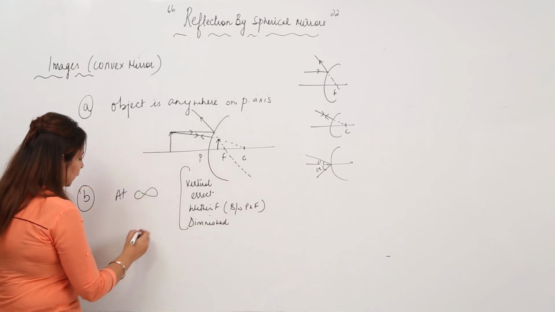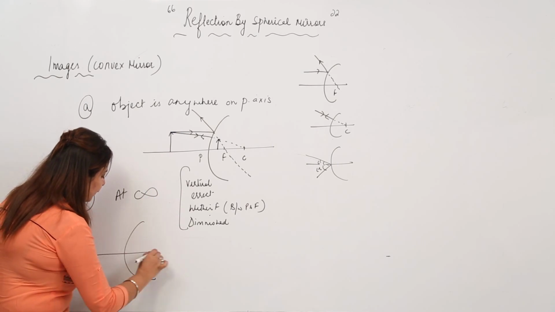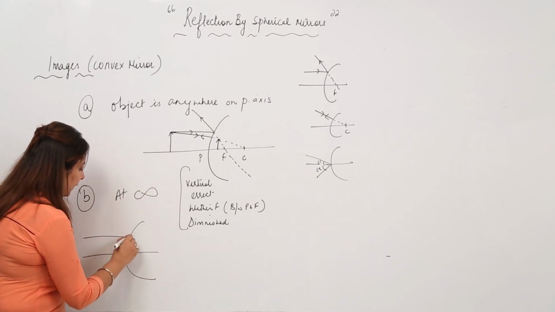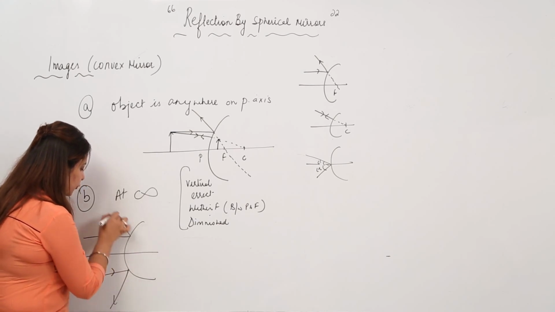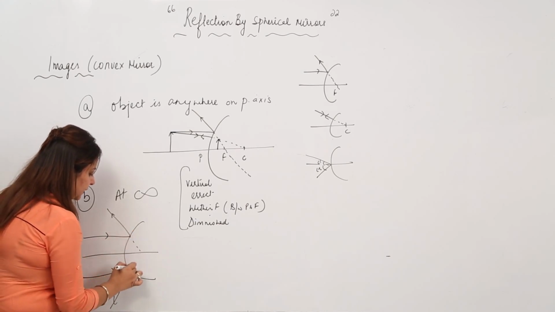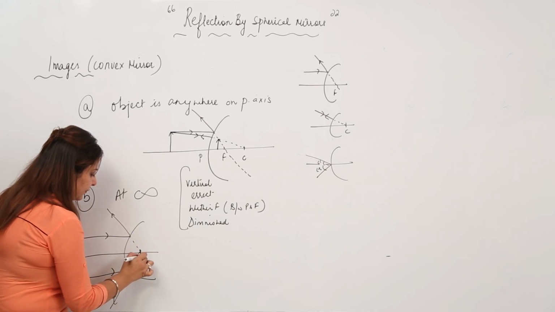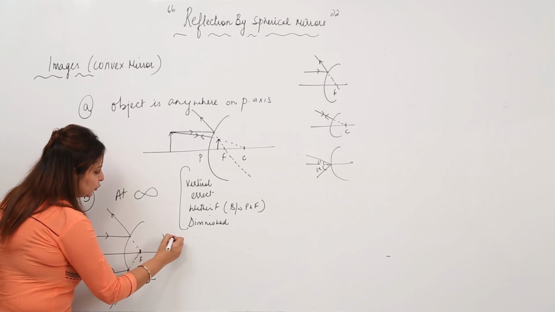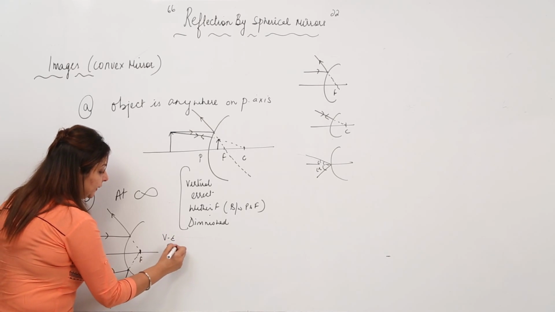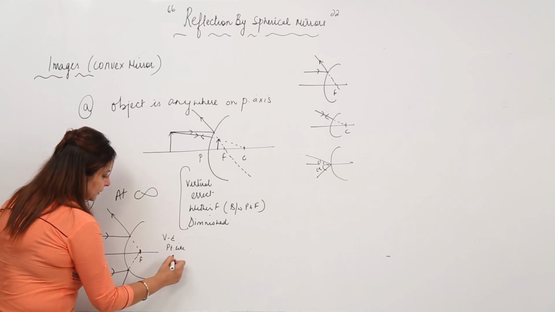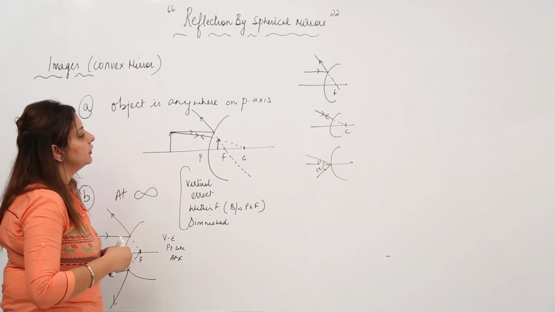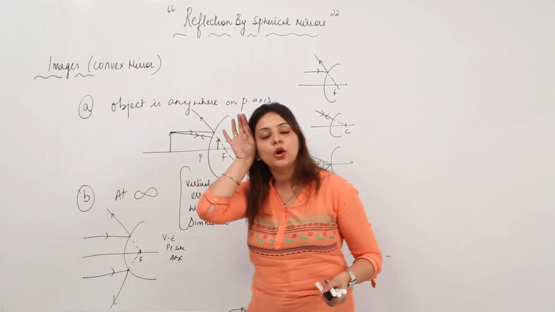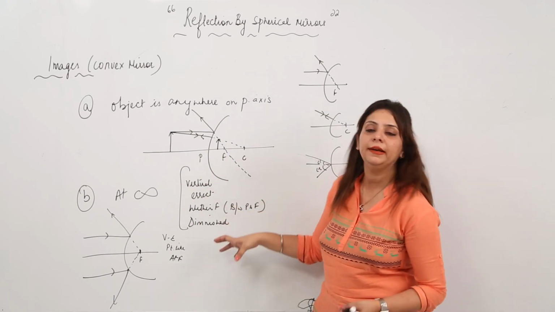Next is infinity. The infinity case is the same as what we were drawing before. A ray coming parallel from infinity just diverges but appears to meet at F. So this is the image: virtual, erect, point-like because it is very small, and it is at F. So whenever we talk about the convex mirror, it always forms a virtual and erect image.